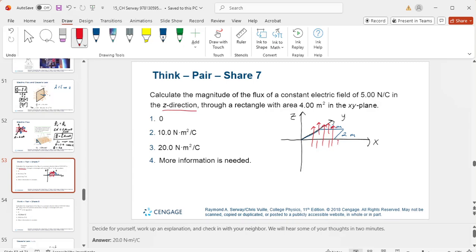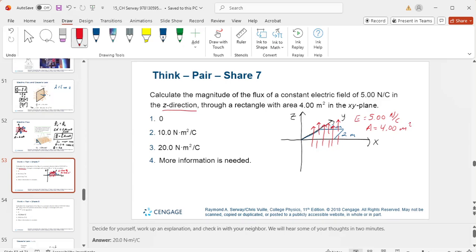So there is a constant electric field penetrating through this area, and my field has the value of 5 newtons per coulomb, and the area is 4 square meters.